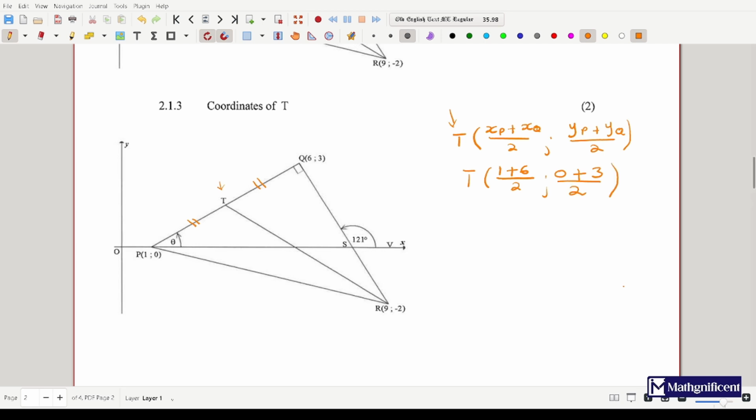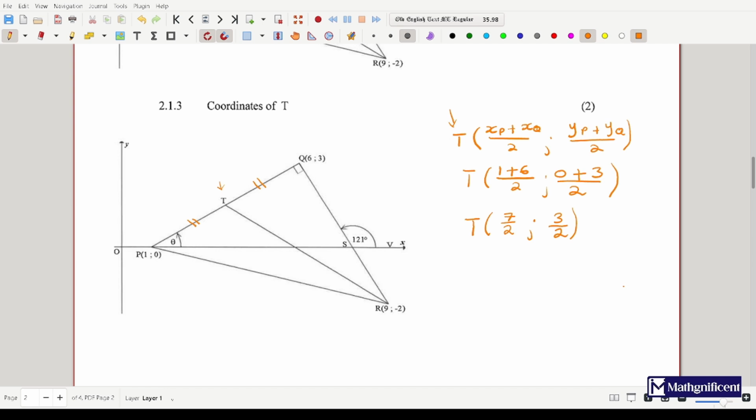From this we know that 1 plus 6 we are going to get 7, and then 7 divided by 2 is 7 over 2. And then from here we have 0 plus 3, which is 3, and 3 divided by 2 gives us 3 over 2.